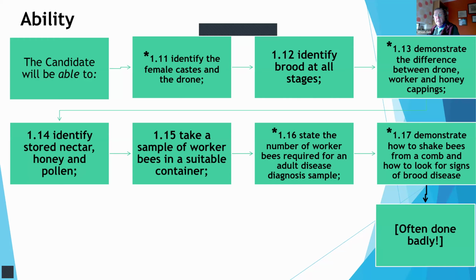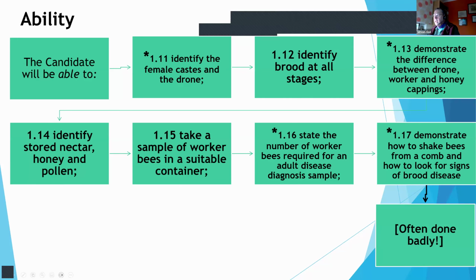Being able to take a sample of workers in that container that we talked about right at the beginning, knowing how many worker bees are required for an adult disease diagnosis, and quite importantly, demonstrating how to shake bees from a comb and how to look for signs of disease.